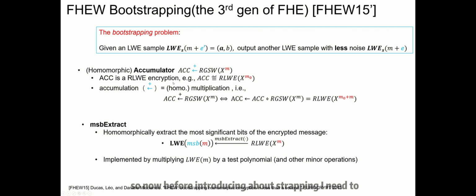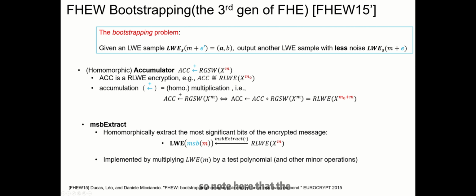So now before introducing the bootstrapping, I need to introduce two very useful gadgets. One is called the homomorphic accumulator. The symbol is a plus and left arrow. And here ACC is a ring LWE encryption, for example, the ring LWE encryption of the message polynomial x to the power M0.